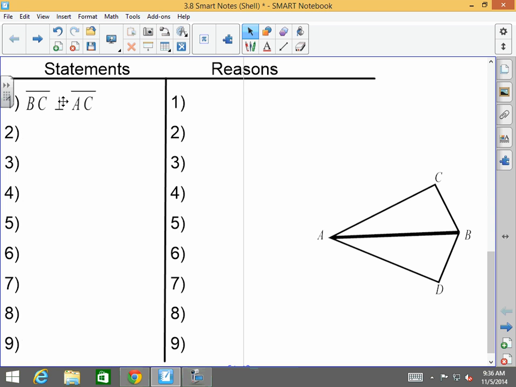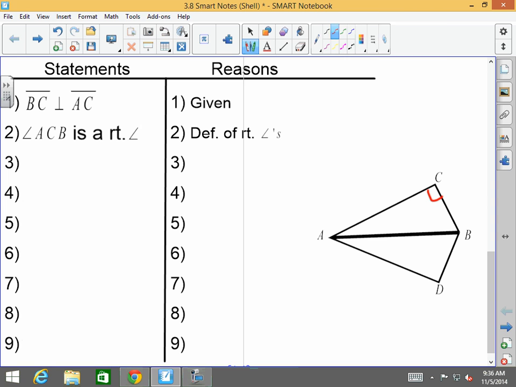First things first, BC is perpendicular to AC. So that means I have a right angle right there. Correct? That's a given, and we get from there that angle ACB, which I just marked in red, is a right angle. Why? Definition of, actually, that's wrong.